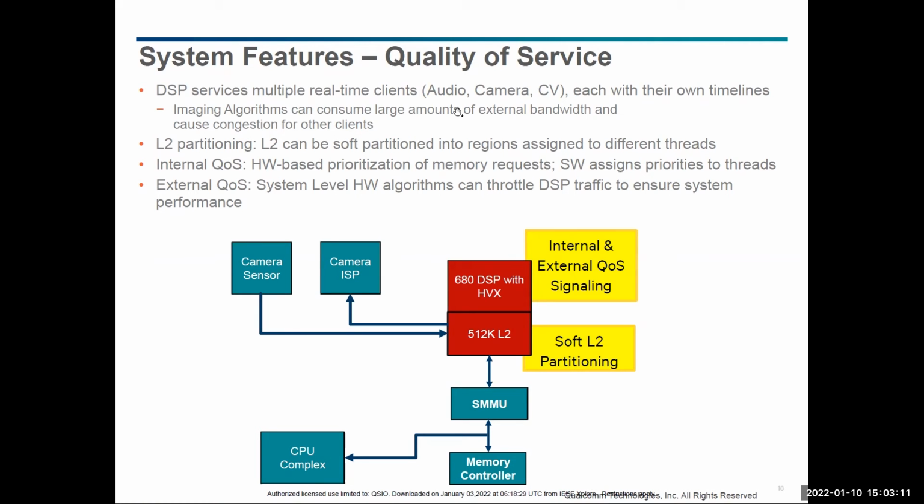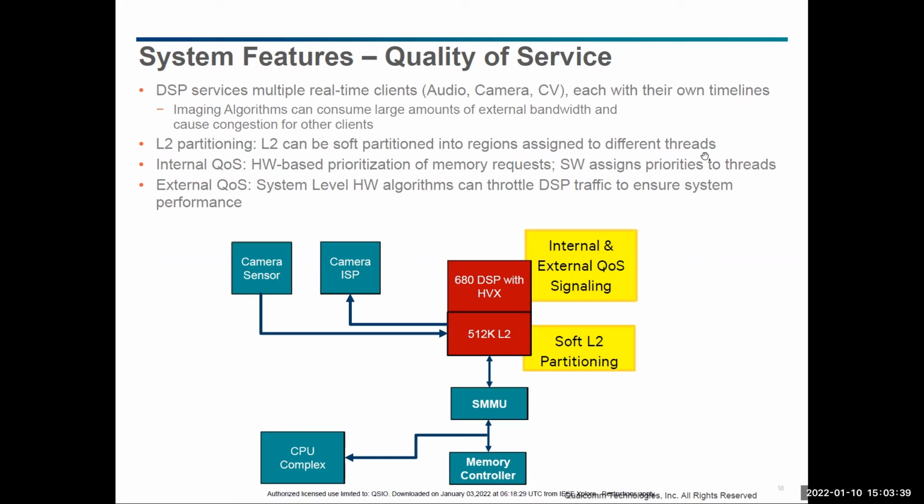The data requirement for imaging algorithms is obviously higher compared to any audio application, so this can hog the bus bandwidth and lead to congestion. To avoid that, the hardware does something called L2 soft partitioning. L2 can be soft partitioned into regions that are assigned to different hardware threads.